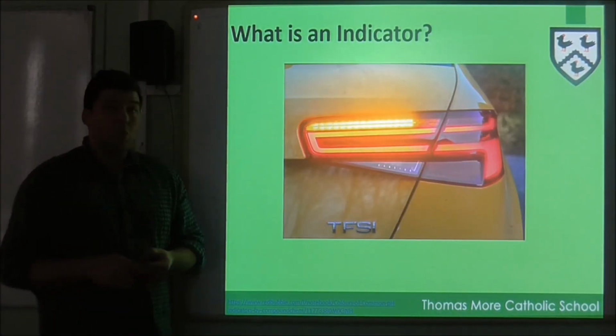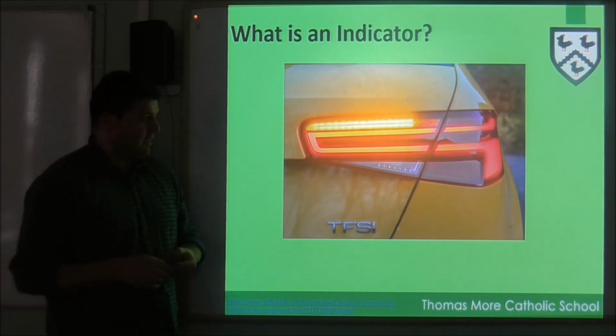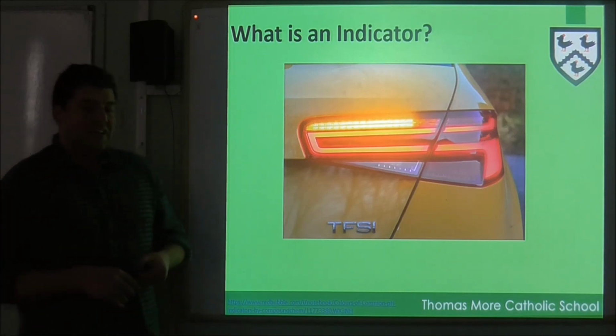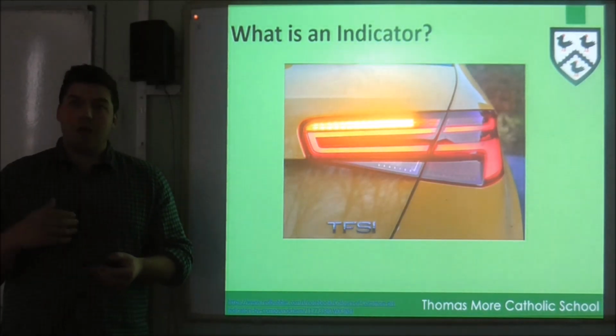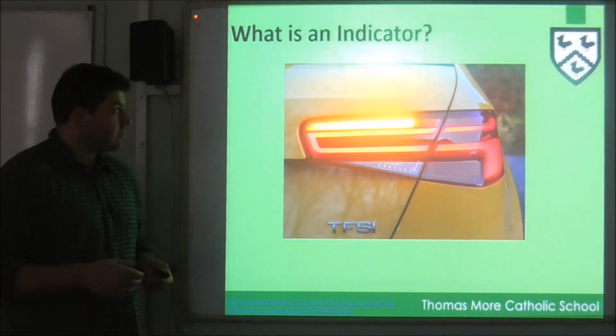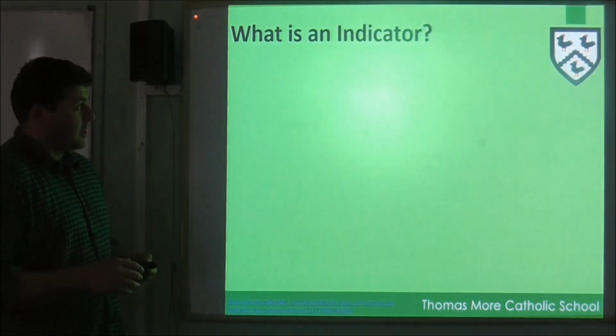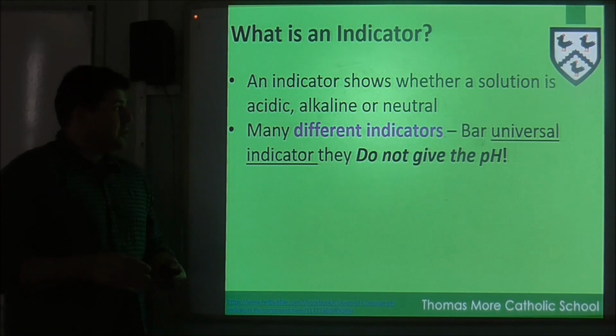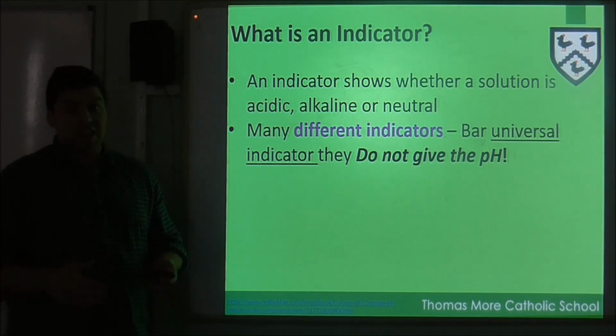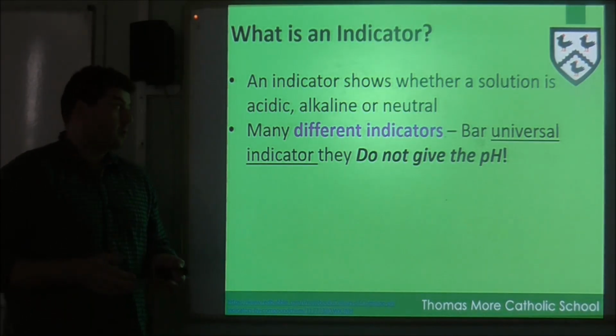Let's move on. What's an indicator? Now here I've put the indicator at the side of an Audi, just to kind of get you thinking. An indicator tells us something, it allows us to infer. But we're not interested in cars, we're interested in chemistry. So an indicator shows whether the solution is acidic, alkaline, or neutral.